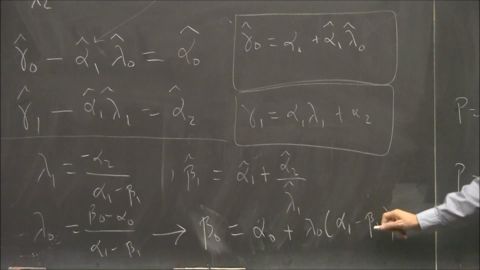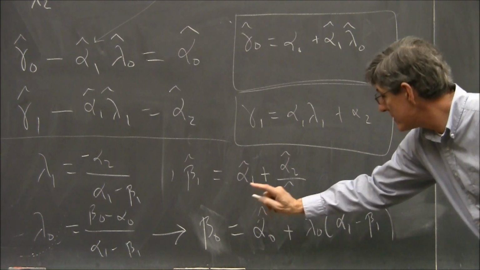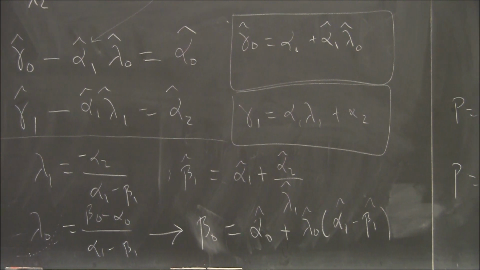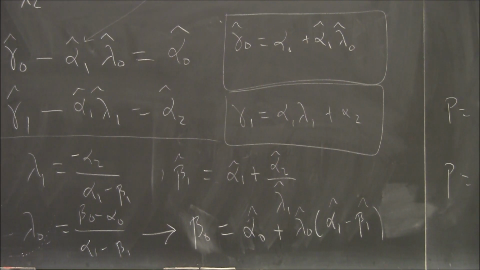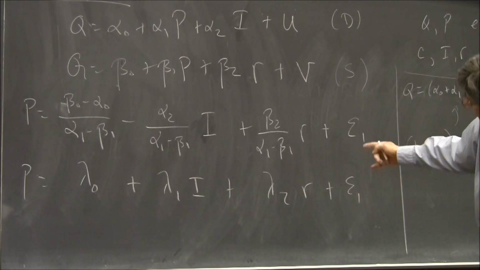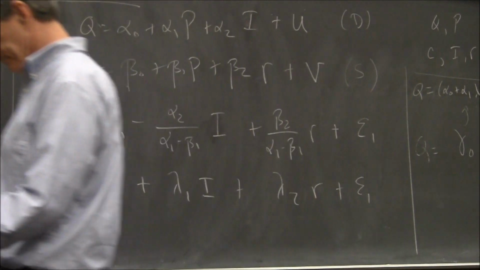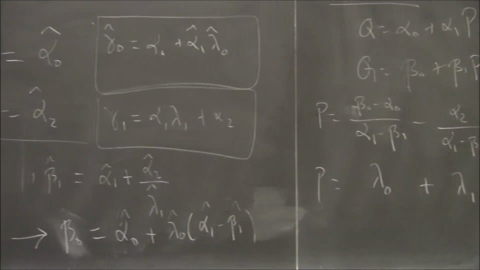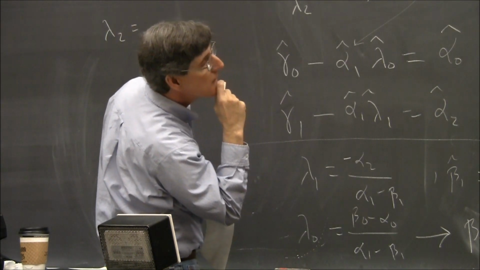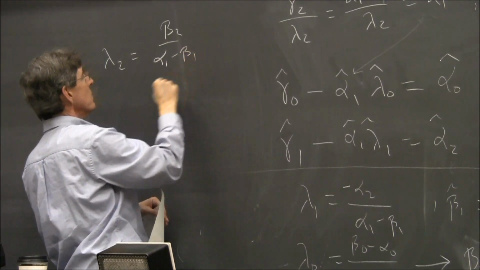So we just found beta 1 hat. We know alpha 1 hat. We know lambda. We know alpha 0. So there's beta 0. Then there's one more we haven't used. That's this one. So now we use this one to find beta 2. So lambda 2 hat, which we know, is equal to beta 2 over alpha 1 minus beta 1.